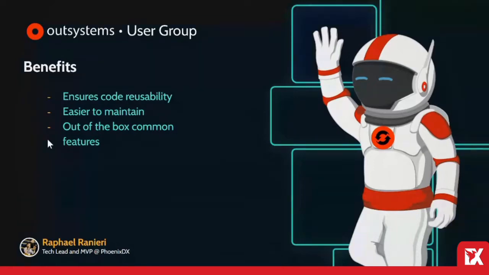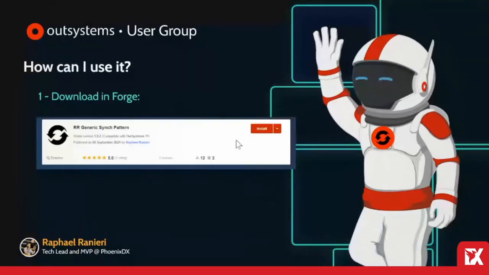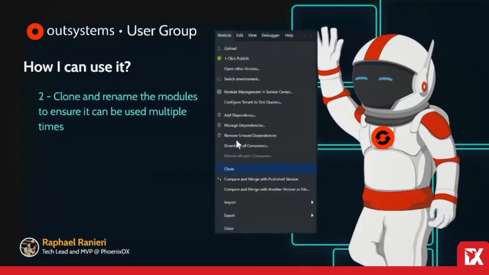Okay. So how can you use it? First of all, like I said, since it is a Forge component, you have to download it from Forge. The second step is to clone and rename the module to ensure you can use it multiple times.